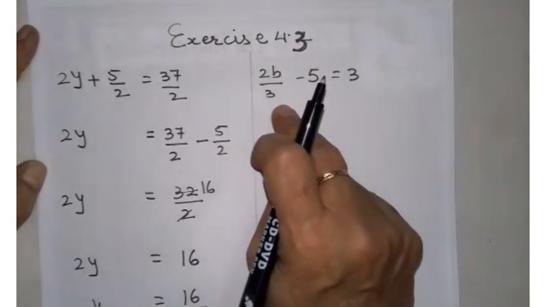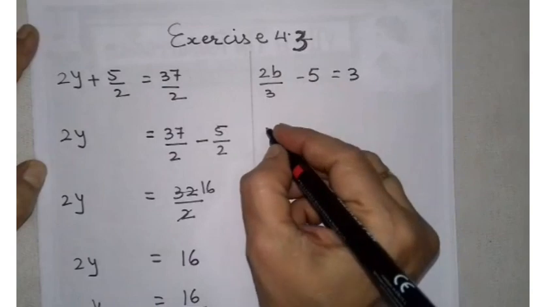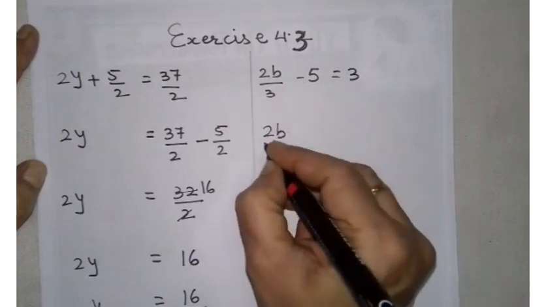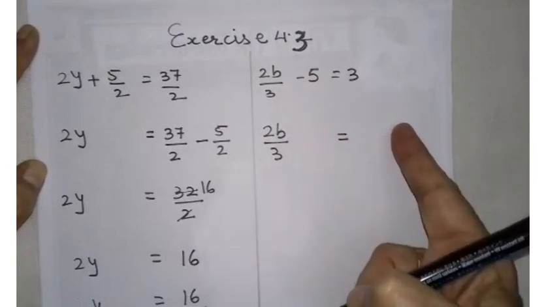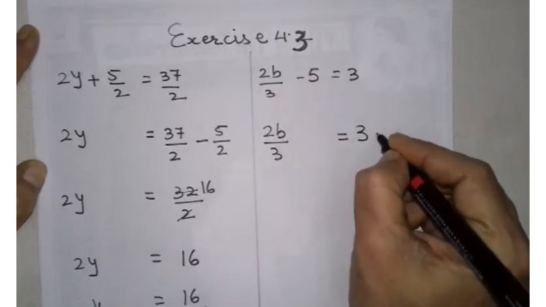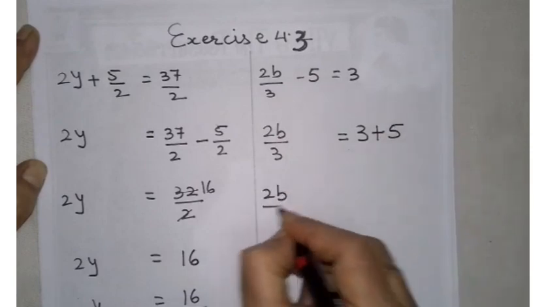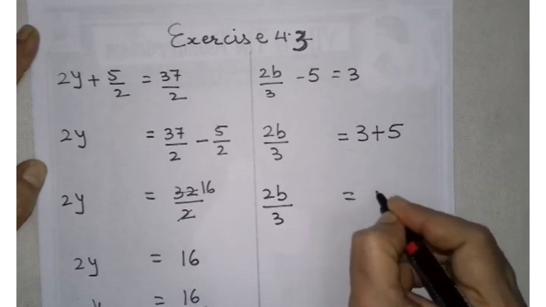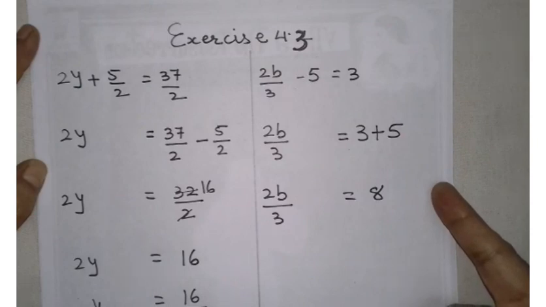2b upon 3 minus 5 is equal to 3. So over here 2b upon 3 is equal to 3, and this minus 5, over here it will be plus 5. So 3 plus 5. Now 2b upon 3 is equal to 8. Now this 3 is in division form over here. What will it be over here?